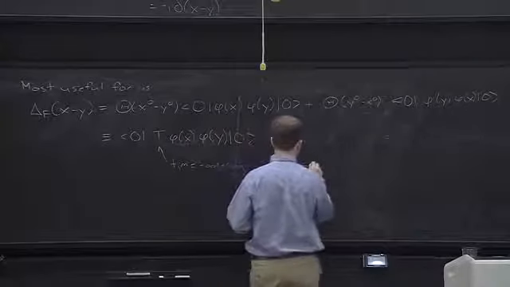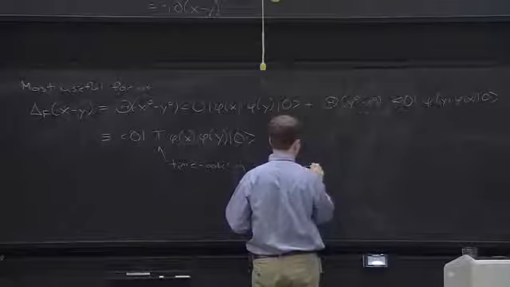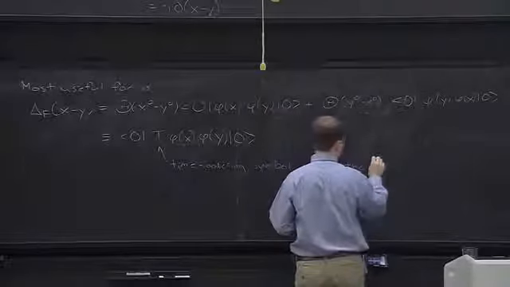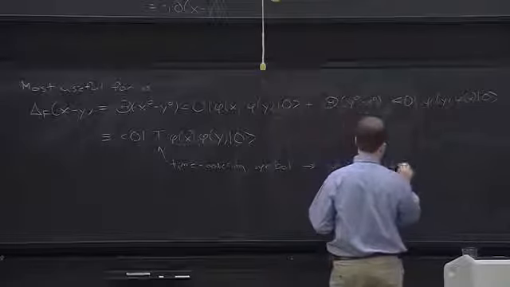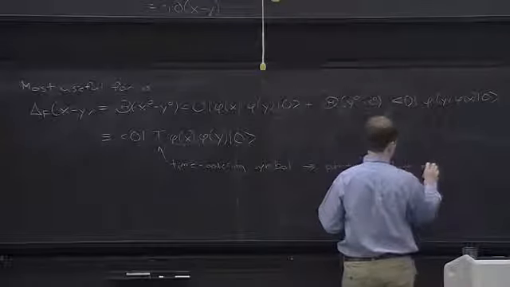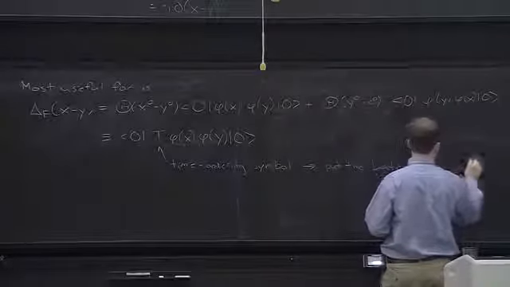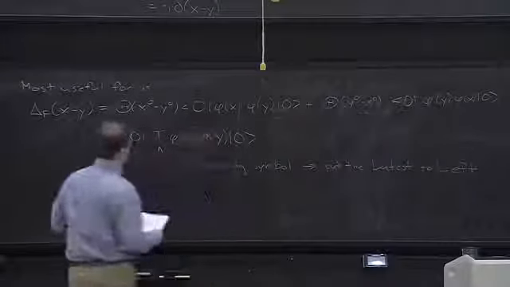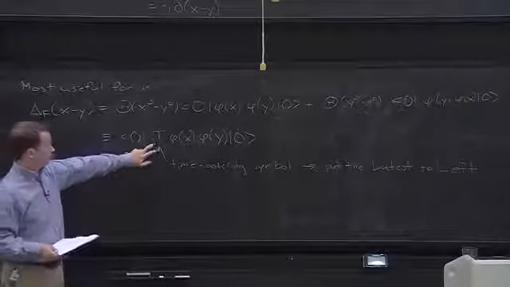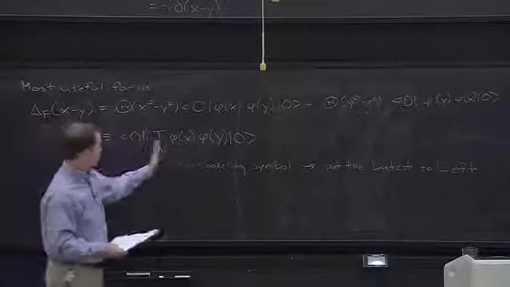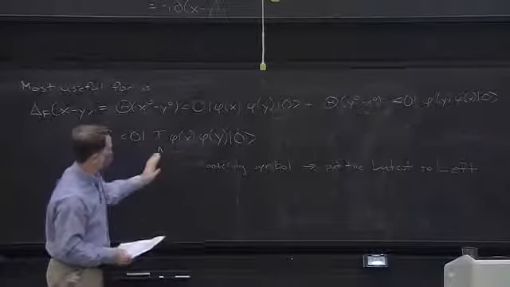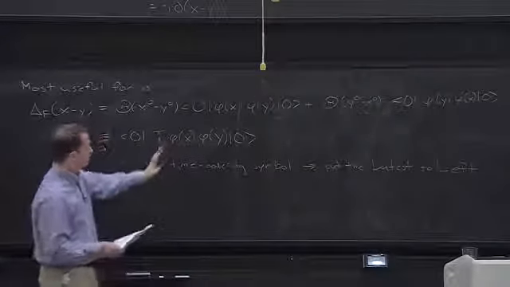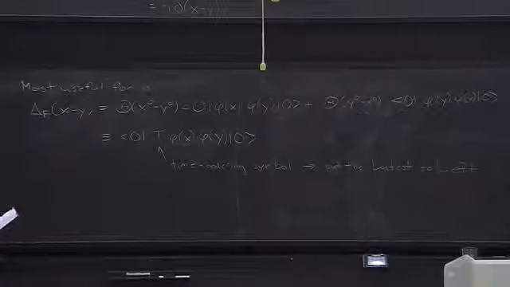And it means put the latest operator to the left. So you have a time ordering symbol, just by hand, you time order whatever operators follow it, putting the latest one to the left. Again, not using the commutation relations.